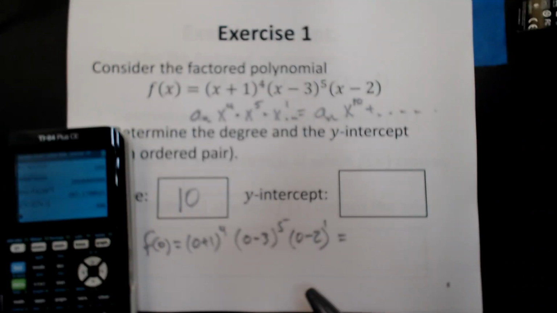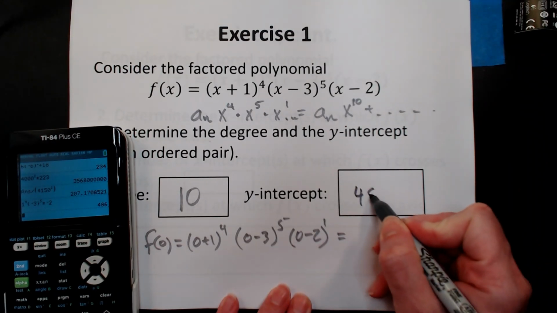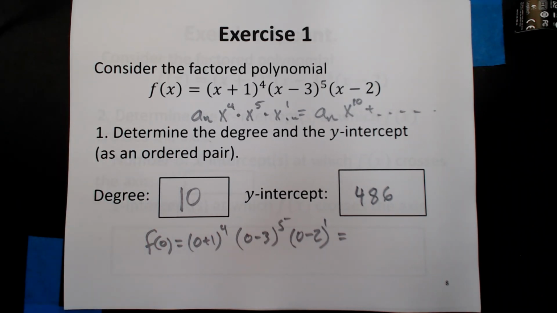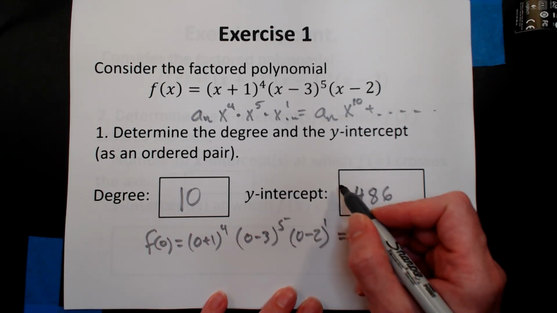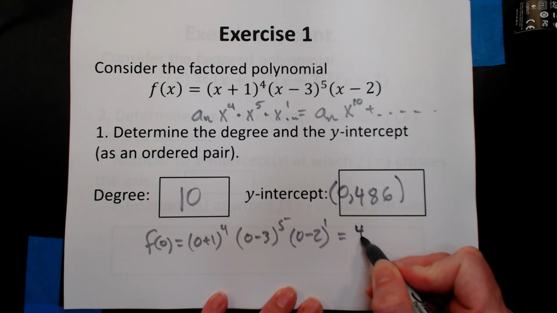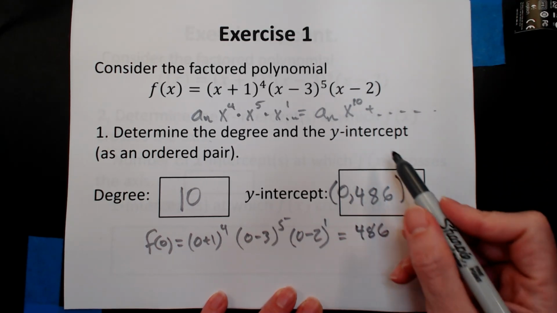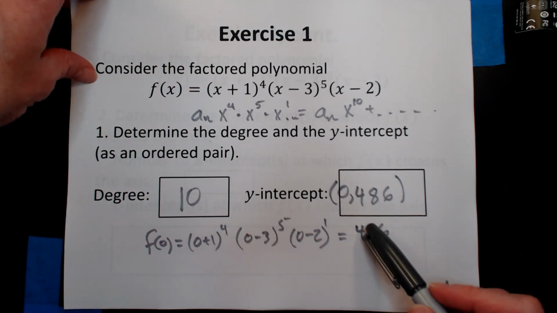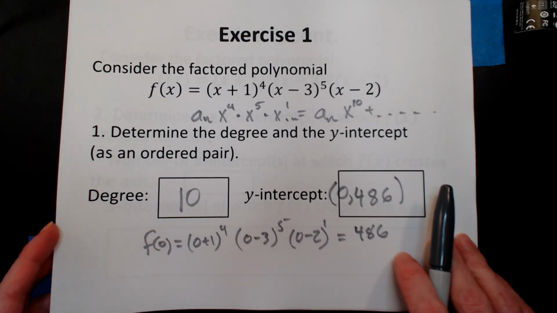I need to find a better camera setup where I can focus on my calculator better. So actually the y-intercept contains 2 coordinates, 0 and 486. 486 is the y component of your y-intercept. 0, 486.